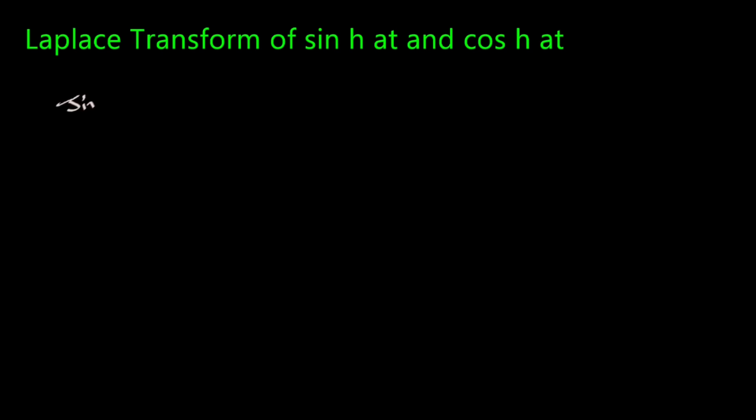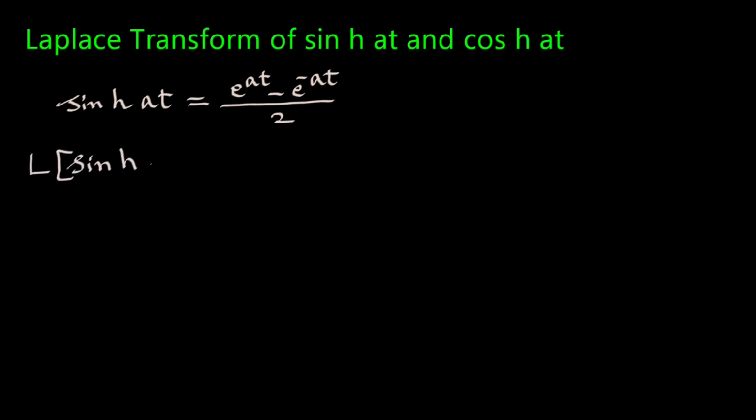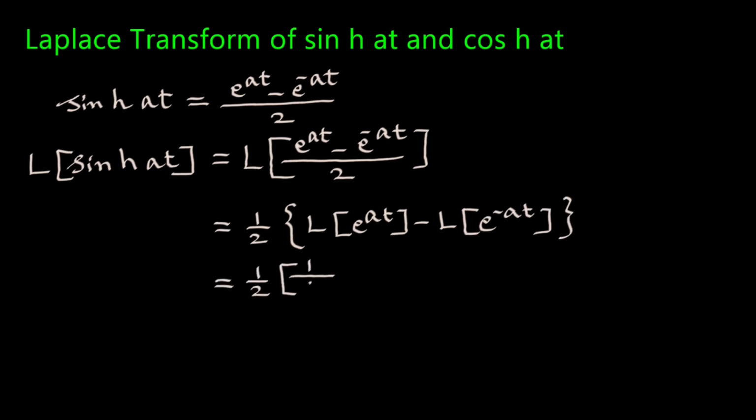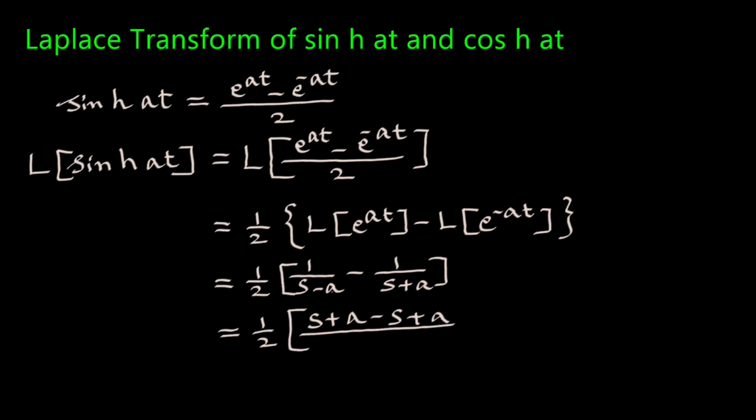We have hyperbolic sine at equals e raised to at minus e raised to minus at upon 2. So Laplace transform of sinh at will be half Laplace transform of e raised to at minus Laplace transform of e raised to minus at, half times 1 upon s minus a minus 1 upon s plus a, half times (s plus a minus s plus a) upon (s minus a) into (s plus a), which will be s square minus a square.